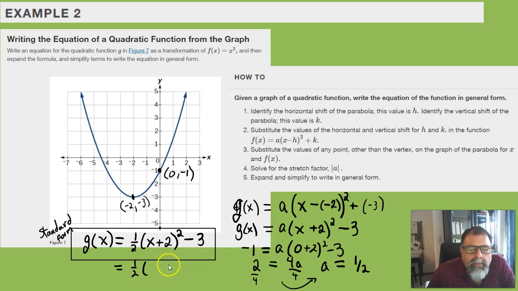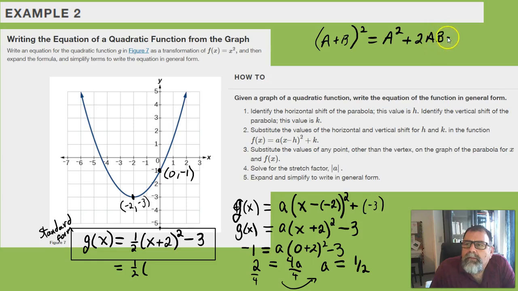So we get 1/2 parenthesis. Let's see. So we should do our square formula. Hopefully you're catching on to this, right? If I were to FOIL that, you get a squared plus ab twice, so it's 2ab, plus b squared. Okay, so this would be x squared plus 2 times x times 2, which is 4x, plus 4, and minus 3. Distribute the 1/2.